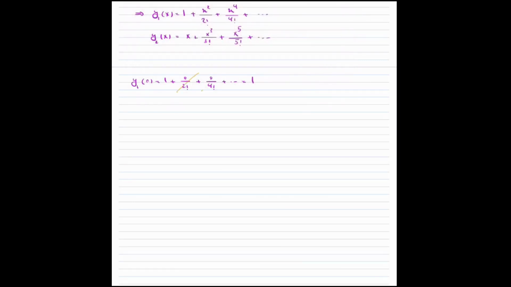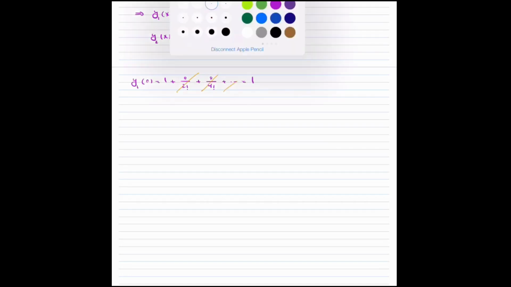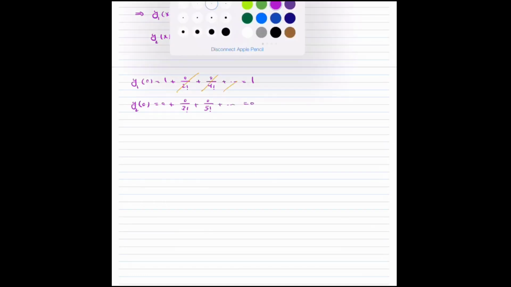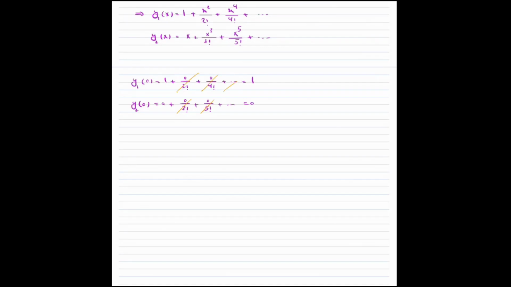For y2(0), we get 0 plus 0 over 3 factorial plus 0 over 5 factorial, so our answer is 0. If you take the derivatives of these two y's, for y1 prime at 0, we get 0. And for y2 prime at 0, we get 1.